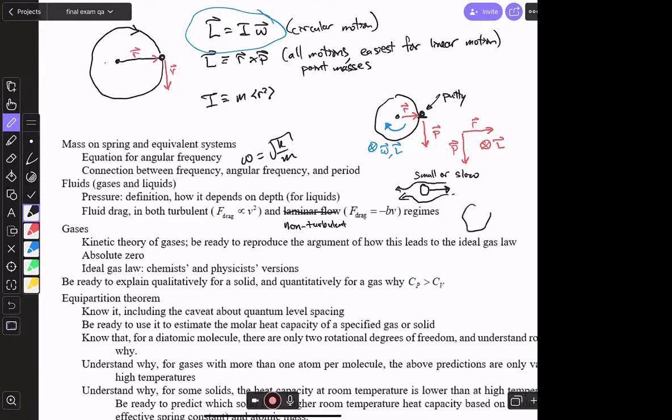But if I have something that's large or fast, and it's moving through the air, then there are sort of eddies that get created in the space behind it, and that's turbulence. So it turns out that that leads to this v squared dependence of the drag force on velocity.